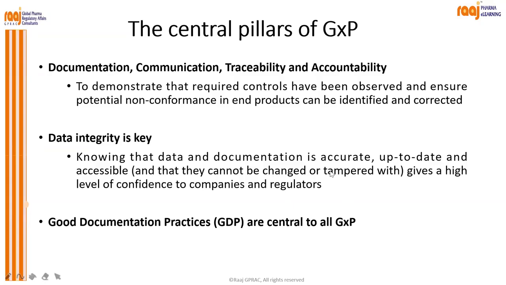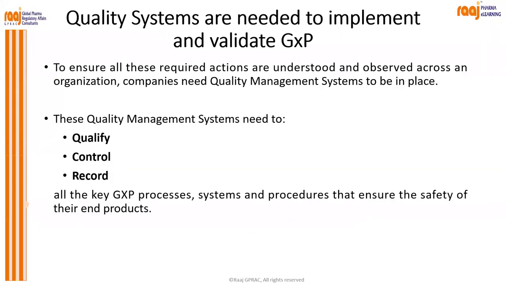So I hope you understood GxP is very, very important when we talk about documentation, communication, traceability, accountability. All these things are covered under GxP. To ensure all these required actions are understood and observed across an organization, companies need a quality management system in place.